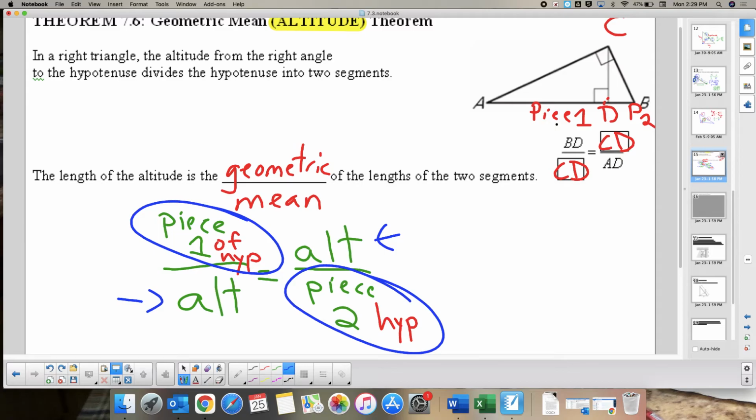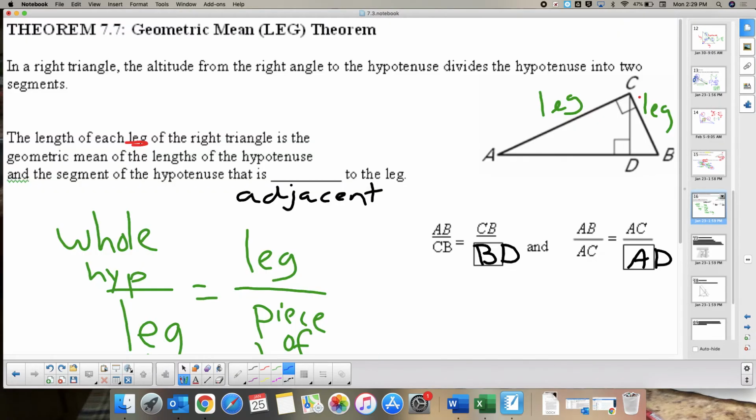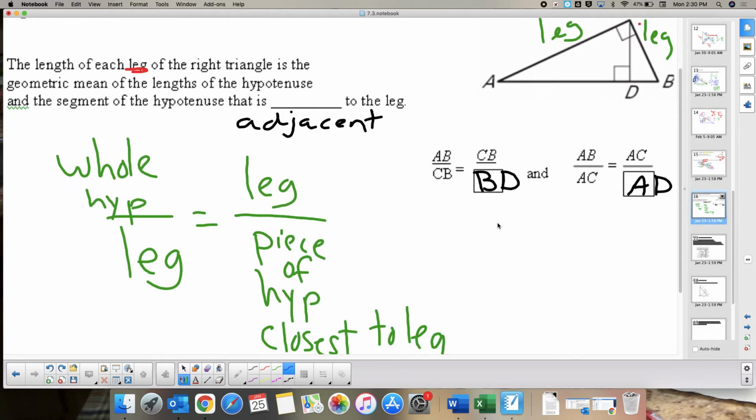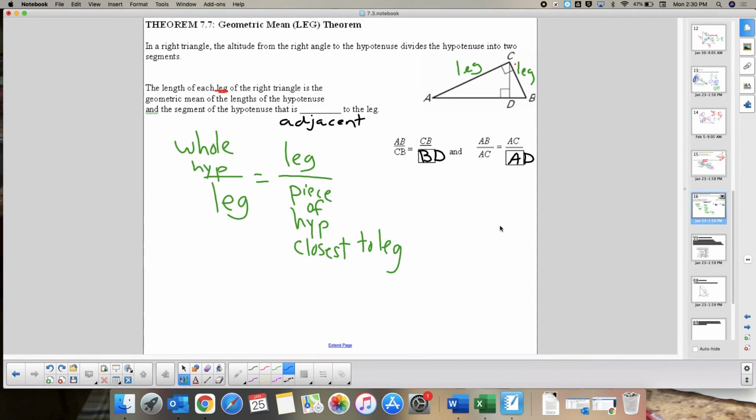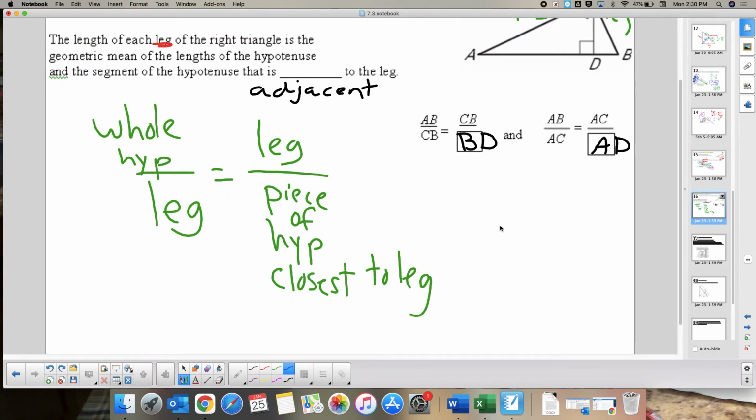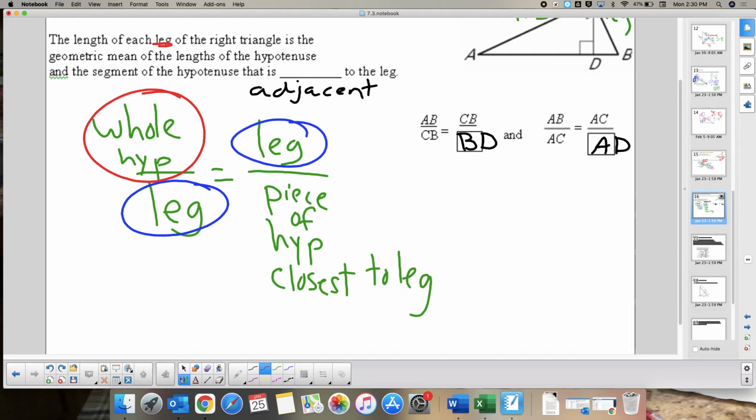There is also your geometric mean of a leg, as we went over. Geometric mean of a leg, it is the leg that goes in twice. So it's leg and leg. It's always going to be the whole hypotenuse. And then the other piece is going to depend on which leg you choose to use.